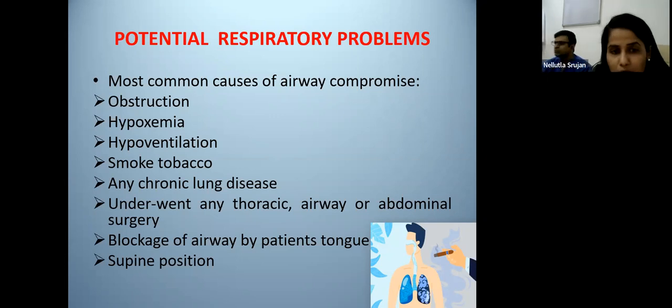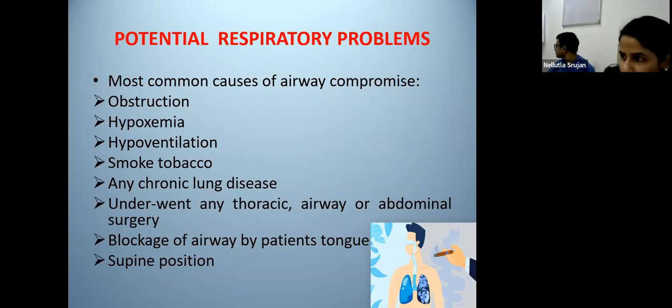The greater risks are tobacco smoking, any patient with chronic lung diseases, and patients who underwent major surgeries like thoracic or abdominal surgeries, and blockage of the airway. And for most patients, the supine position is actually contraindicated. Do you know the reason behind it? One of the main reasons is that circulation supply has to be there.